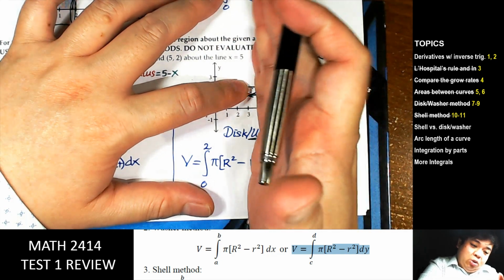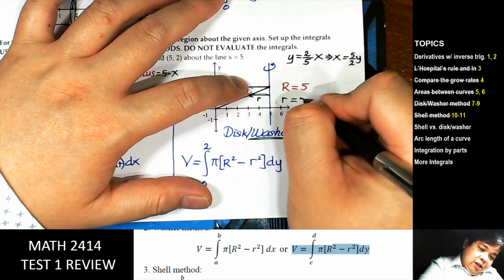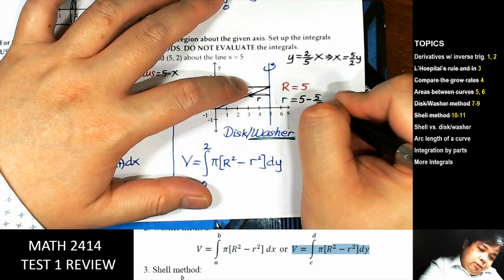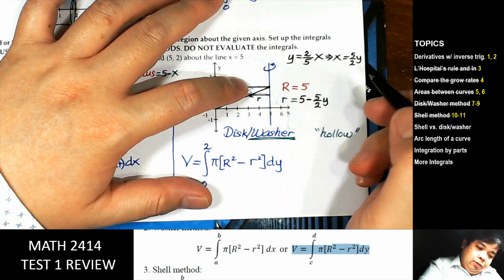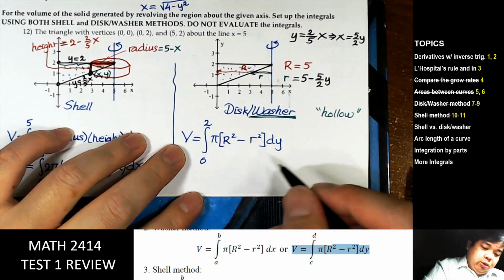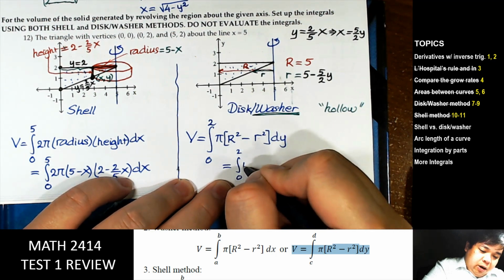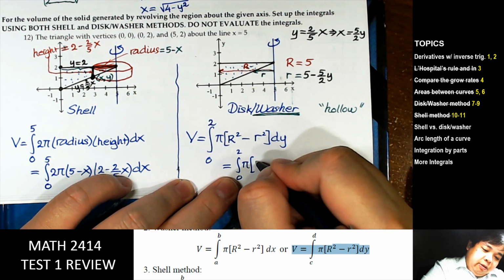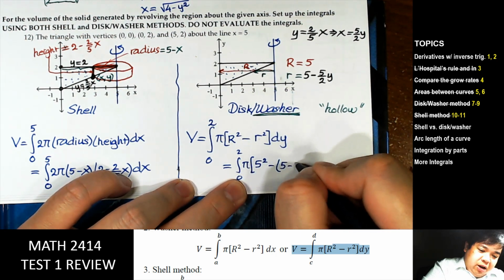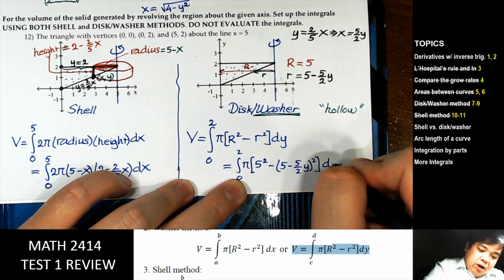So from this line, which is 5, to that line, 5 over 2 y, because it has to be in terms of y. Put that in the formula, and we will have the integral from 0 to 2 of pi times 5 squared minus (5 minus 5 over 2 y) squared, dy.